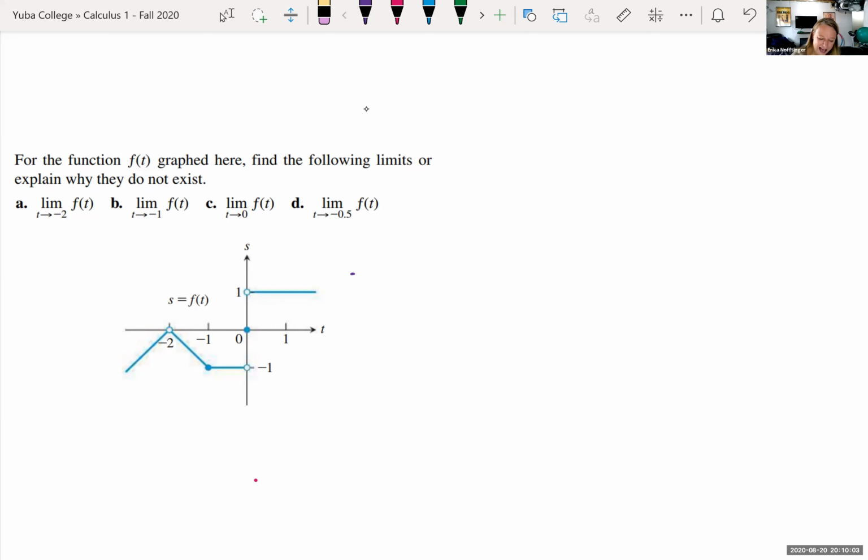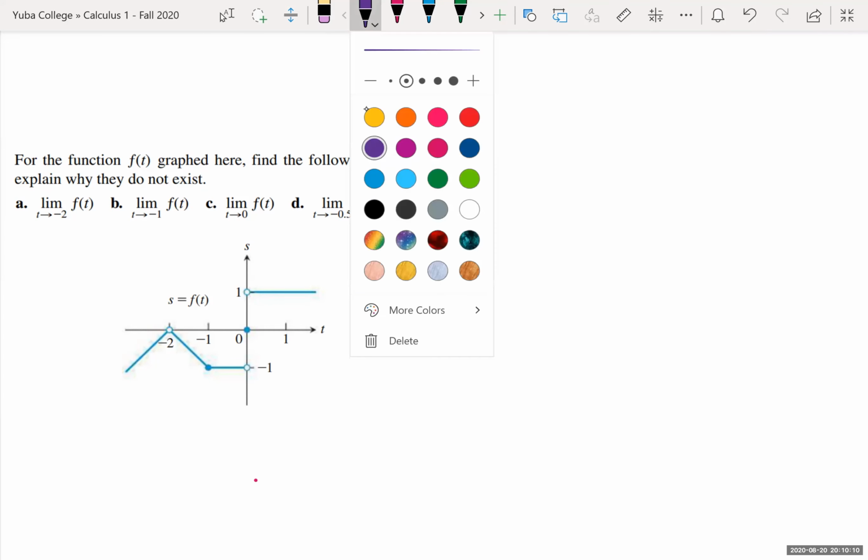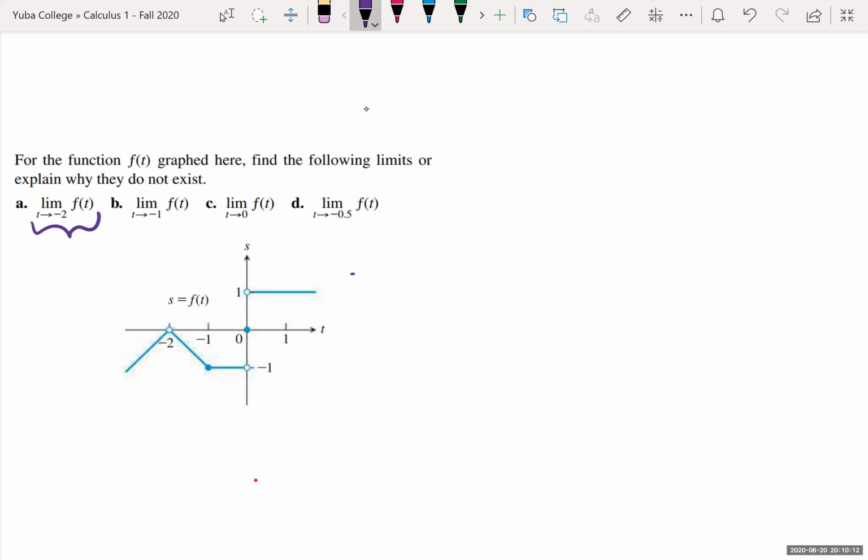So here we have the limit as t approaches -2. Locate -2 on the x-axis, which just happens to be on the x-axis here on the graph. We want to first look at the limit as x approaches -2 on the left-hand side, which we denote with a negative exponent up here on this function f of t.